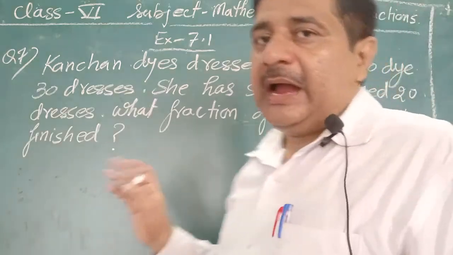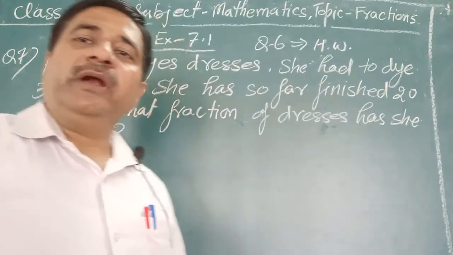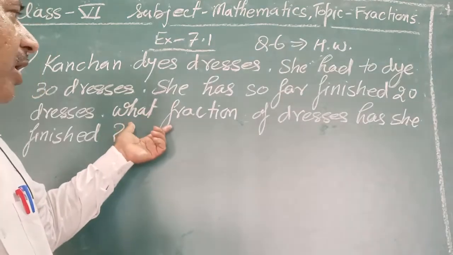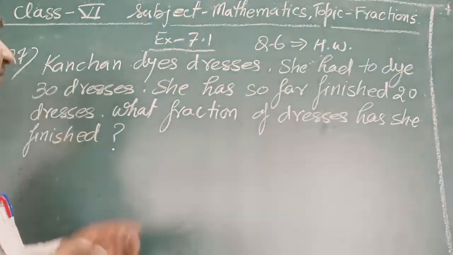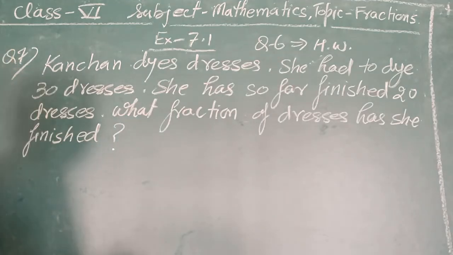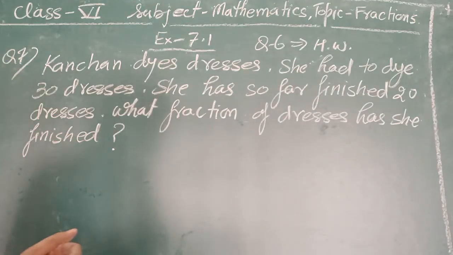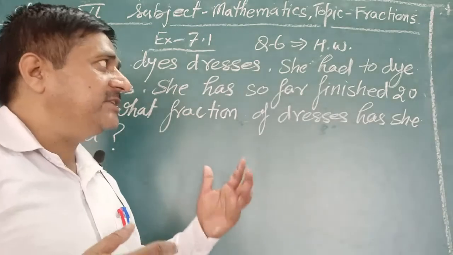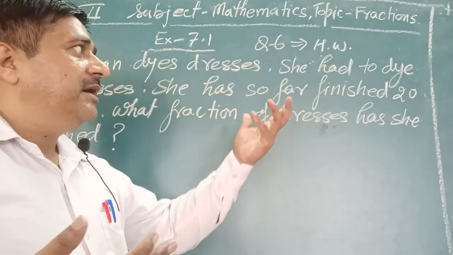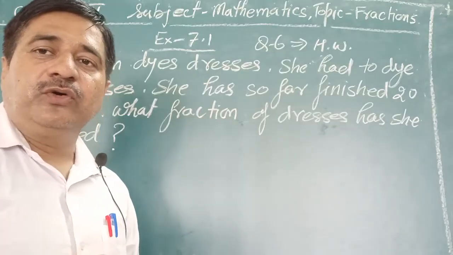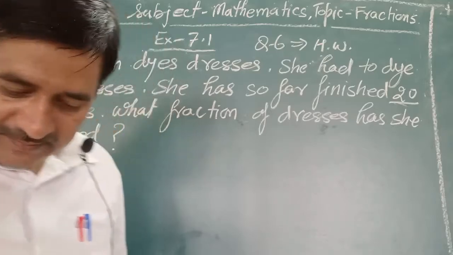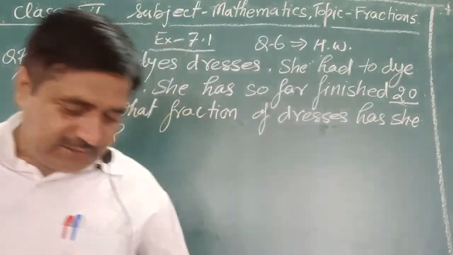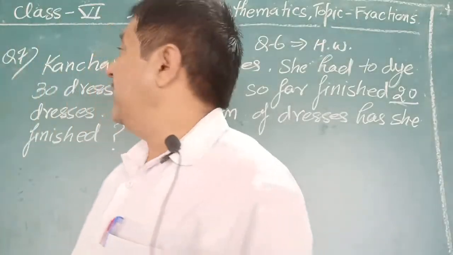So what fraction of the dresses has she finished? First, how many dresses has she finished? That is 20.